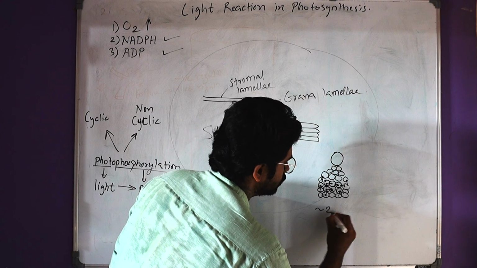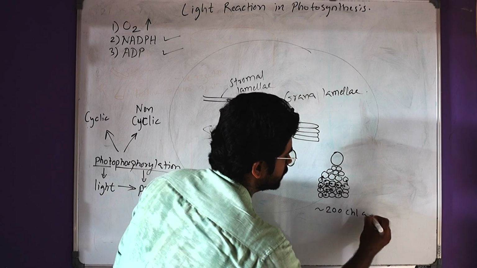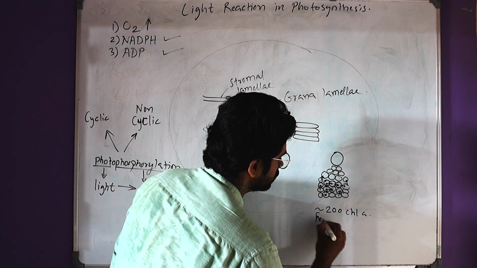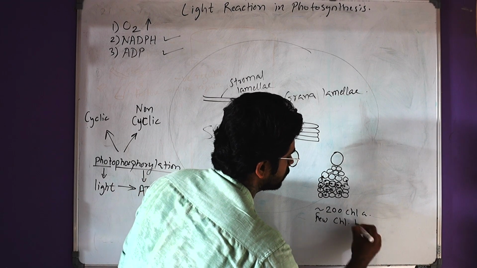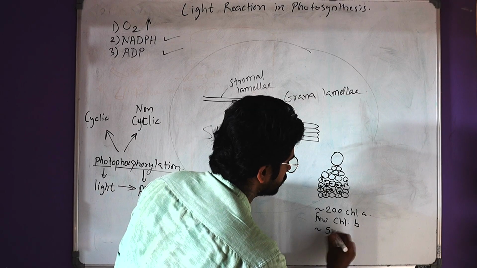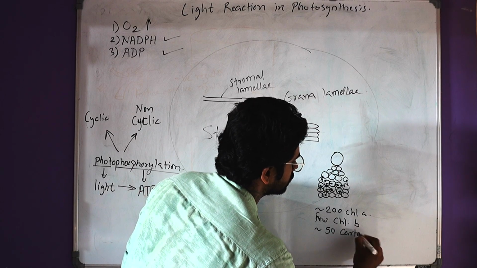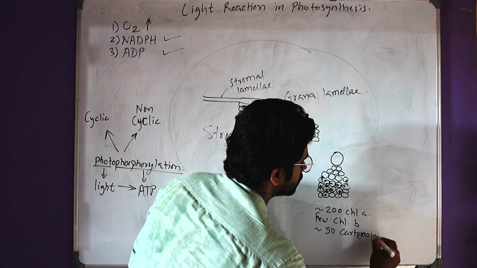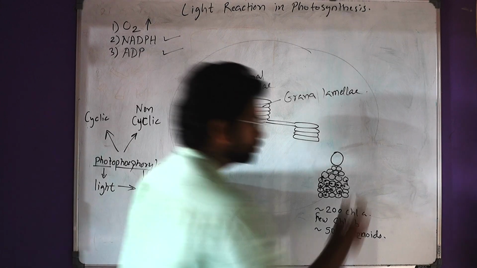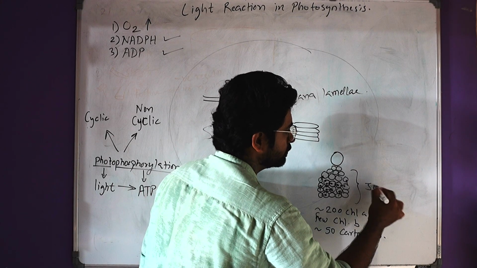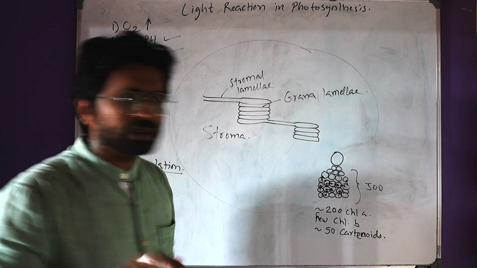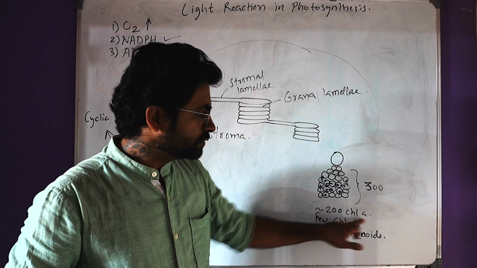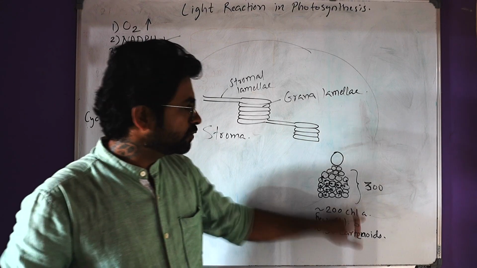Near about 200 chlorophyll A, a few chlorophyll B molecules, and near about 50 carotenoids. Okay, so in total the quantasome is made up of approximately 300 pigments.